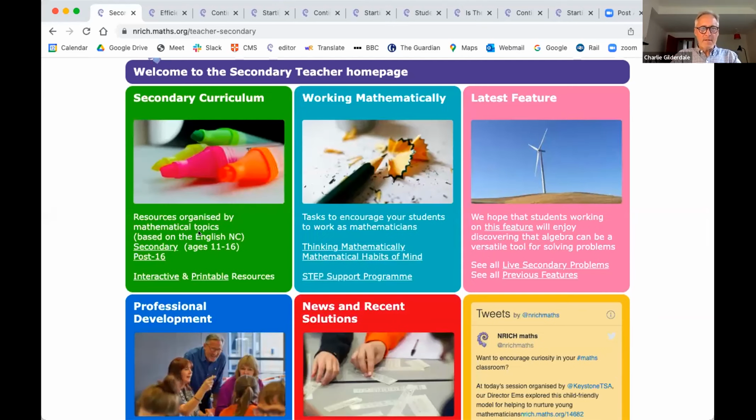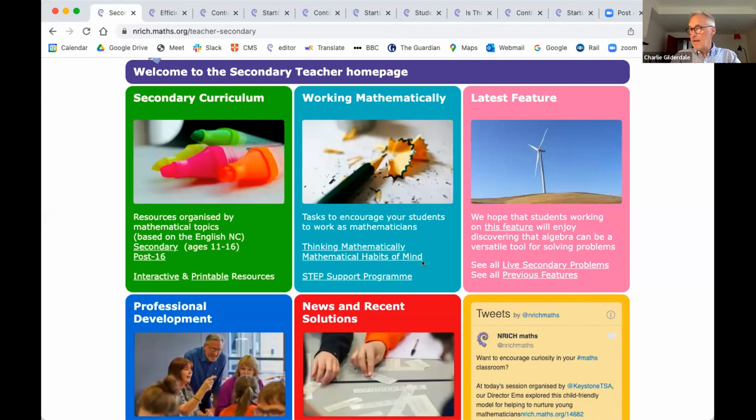We've got secondary curriculum resources, and if we remember, we'll come back to this at the very end of the session. Unfortunately, we often forget, but there is a mapping document where we've mapped our favorite tasks to the curriculum over there. We've also got a section on thinking mathematically, both for teachers and for students.